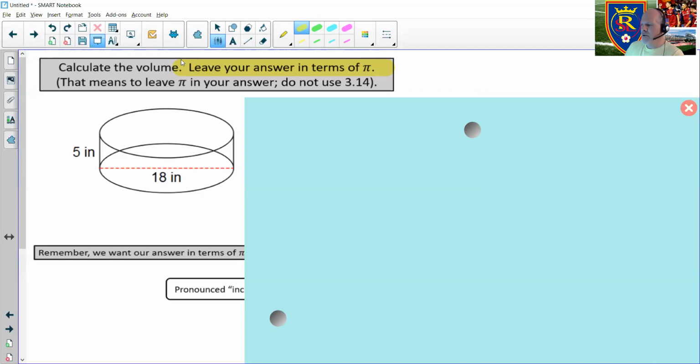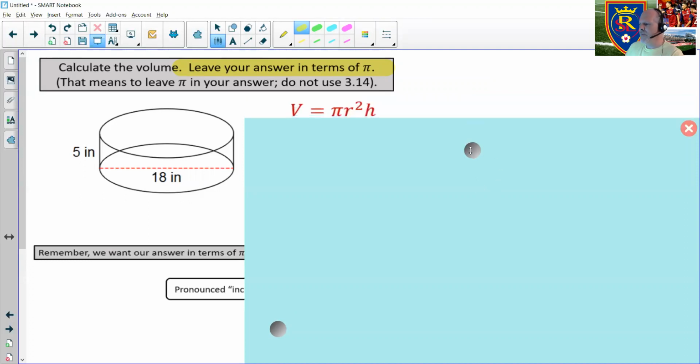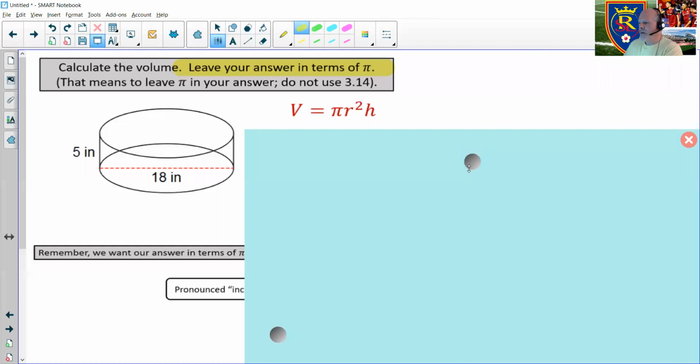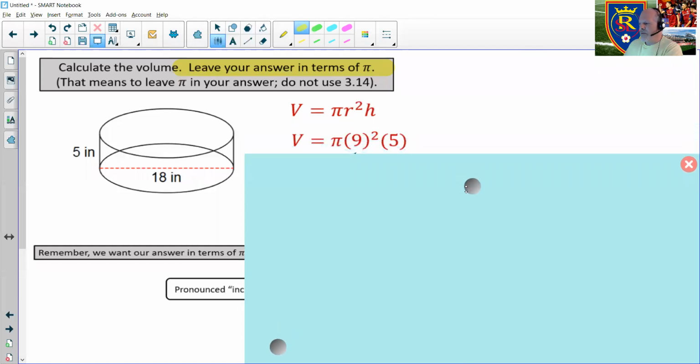Okay, so first we'll rewrite our formula. So our formula is V equals pi r squared h. Then we will substitute in the values that are given. So the r is the radius. Well, the radius is half of the diameter, and the diameter is 18.